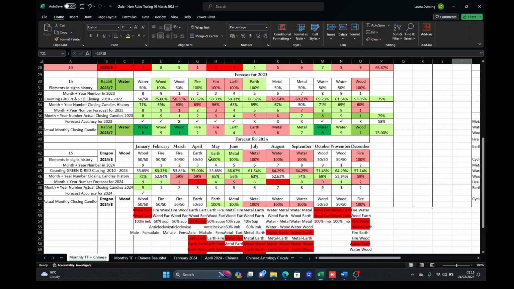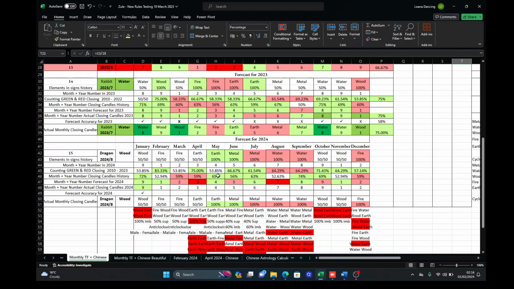So May is number 5, but the year is number 8, so 5 plus 8 is 13, and that comes to number 4. That's my unique original system. I don't know anyone else who is using this system for predicting monthly time frames. This combination of numerology and Chinese astrology, and also the way I use numerology, is quite unique and original.